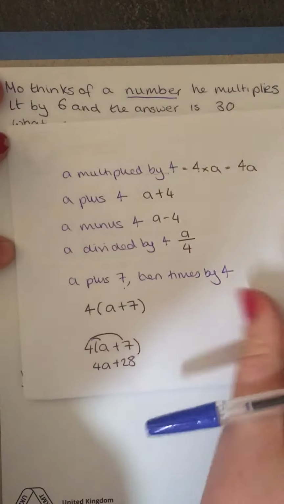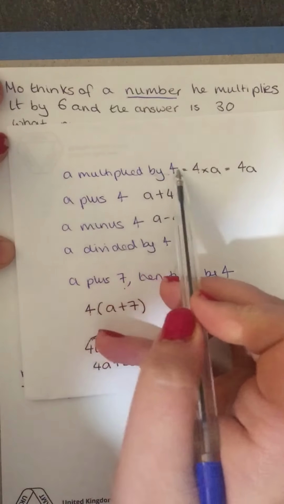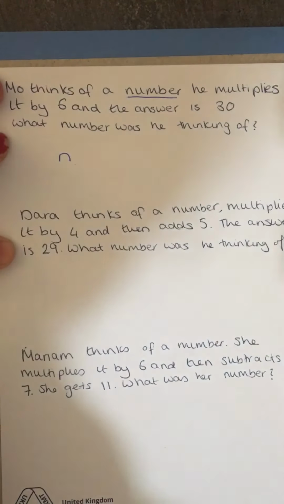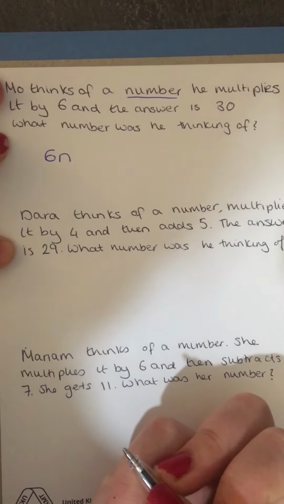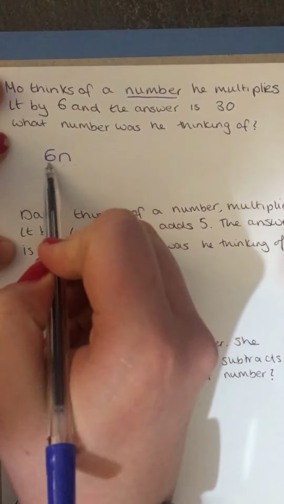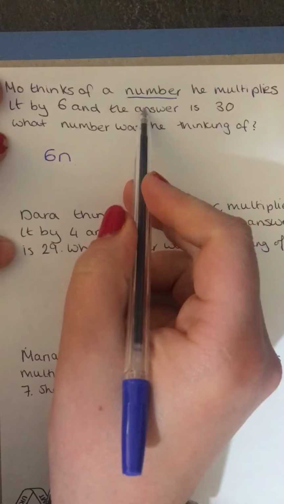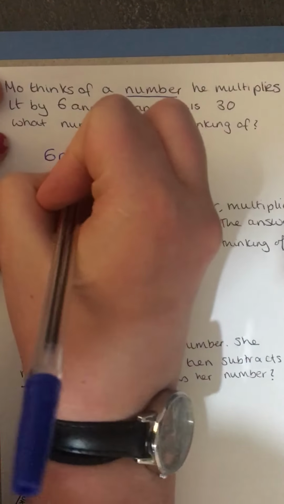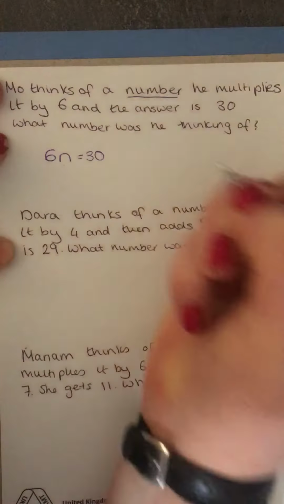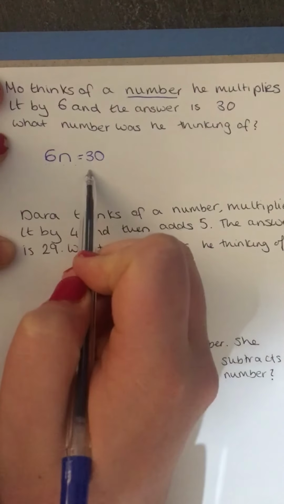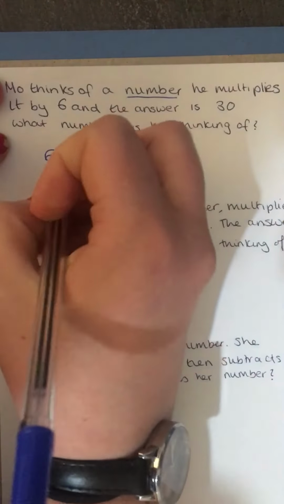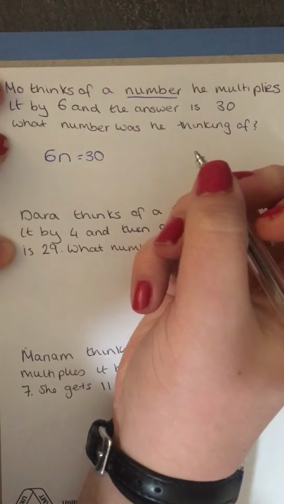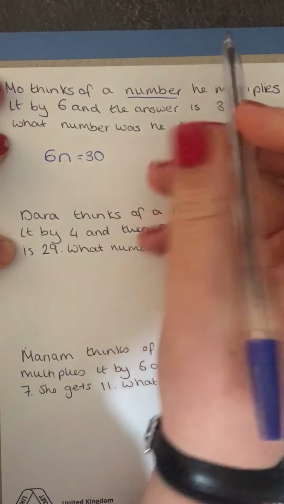Well, that's our first case, something multiplied by something: 6n. n multiplied by 6 we write as 6n. So he multiplies it by 6 and the answer is 30. And the answer is like saying equals. So an equation for this would be 6n equals 30, because we're doing 6 times the number is equal to 30. So that's the first part of the question, forming the equation.